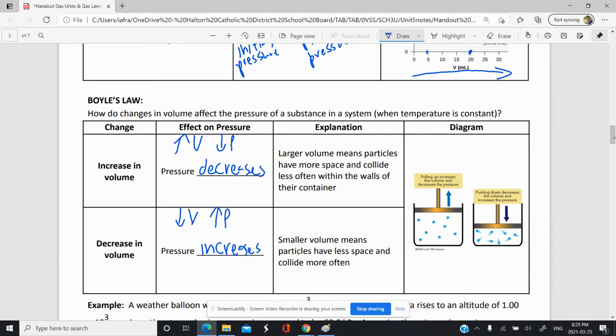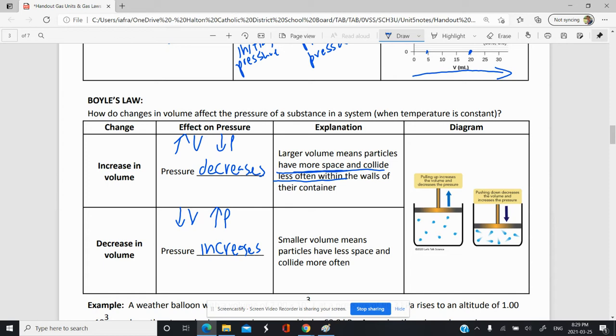Let's say you're increasing the volume. Pressure goes down because if you have a larger volume, the particles have more space and will therefore collide less often with the walls of their container. They're not as crammed as they were before.